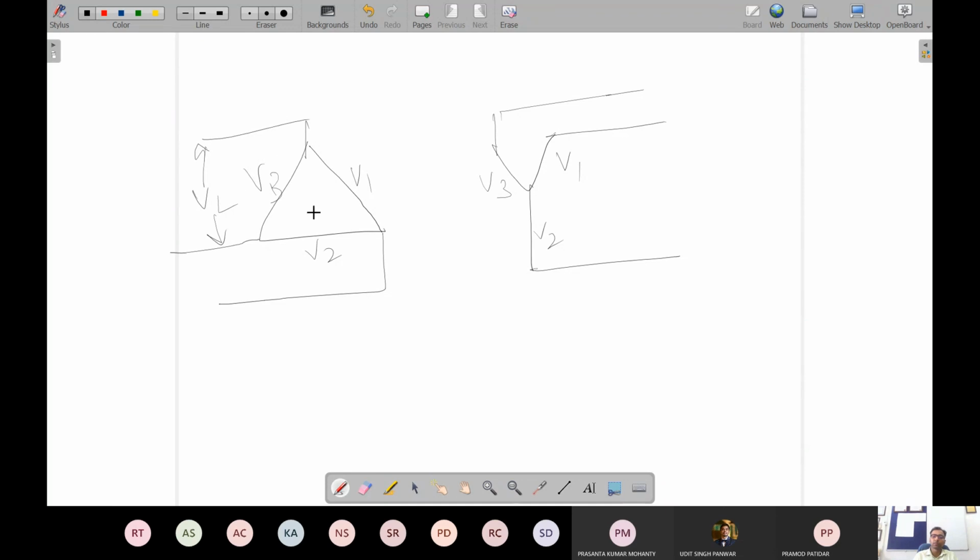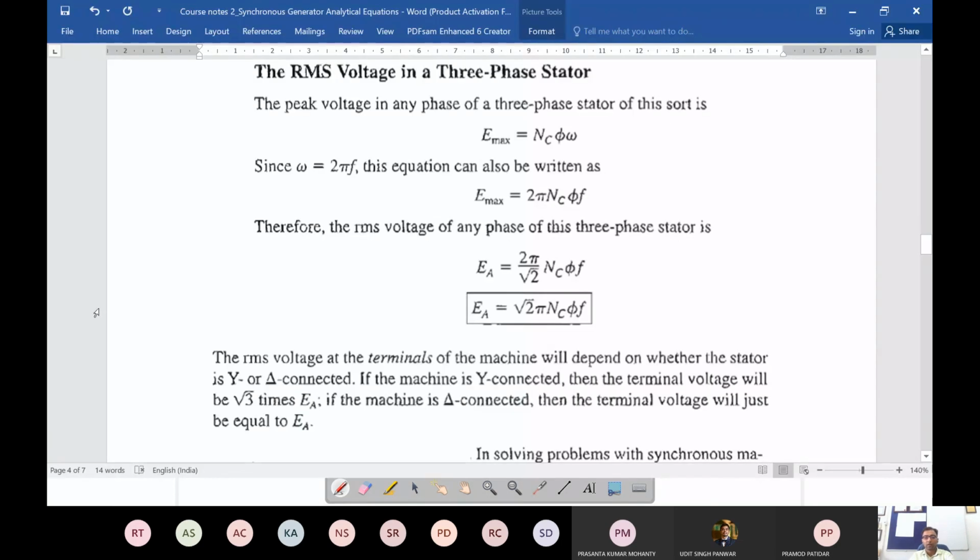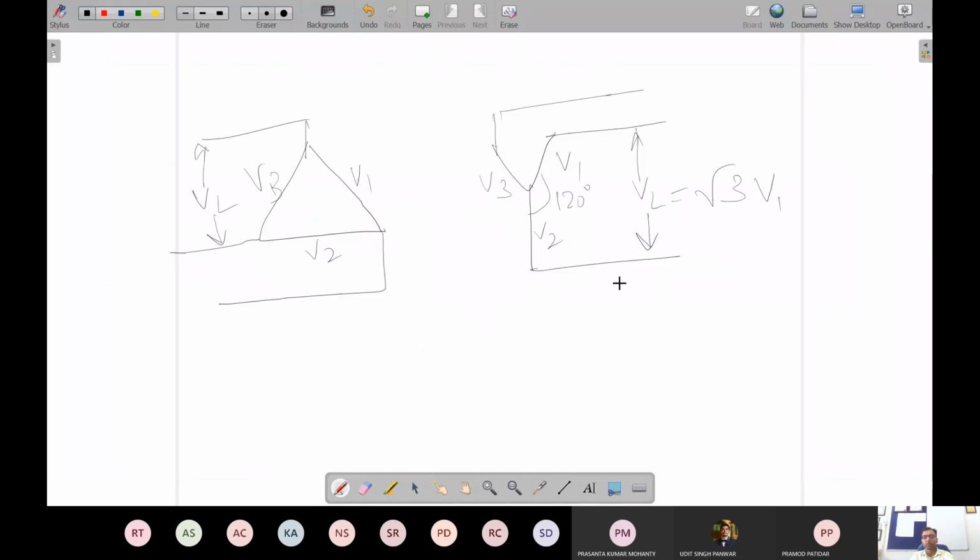Between 2 lines there is only one voltage. Whereas here, the line voltage is a phasor sum of 2 voltages which are themselves 120 degrees apart. In this case, VL becomes root 3 times V1 or V2 because we are taking the same voltage in each phase. So the terminal voltage depends on the way the windings are connected. If the machine is star connected, the terminal voltage will be root 3 times EA, and if the machine is delta connected, then the terminal voltage will be equal to EA.